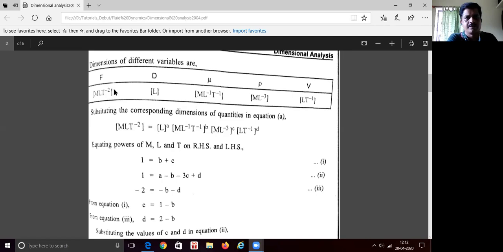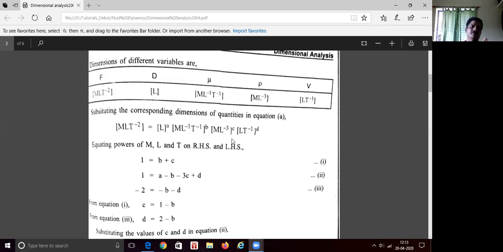Now, F depends on d, mu, rho, and v. F is the dependent variable. It is written on the left side. D, mu, rho, and v are the independent variables which are on the right hand side. See here, instead of d I have written L raised to a, ML minus 1 T minus 1 raised to b, and so on; like that, here the powers are a, b, c, d. Now on the left hand side we have mass quantity, on the right hand side also we have mass quantities, and on the left hand side we have length quantity, on the right hand side length.